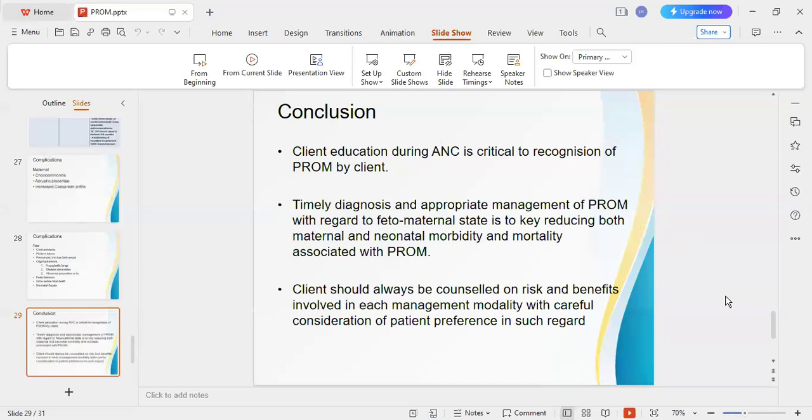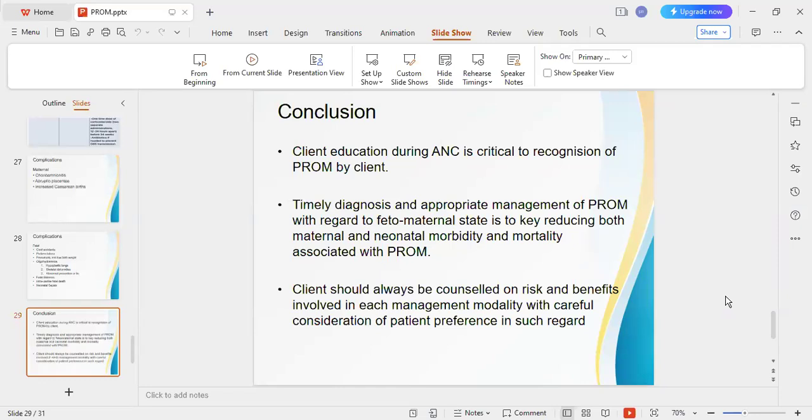Also, timely diagnosis and appropriate management of PROM with regard to fetal maternal state is key to reducing both maternal and neonatal morbidity and mortality associated with PROM. Also, clients should always be counseled on the risks and benefits involved in each management modality with a careful consideration of the patient preference in such regard. Let's not always disregard what the patient also wants with respect to their management.